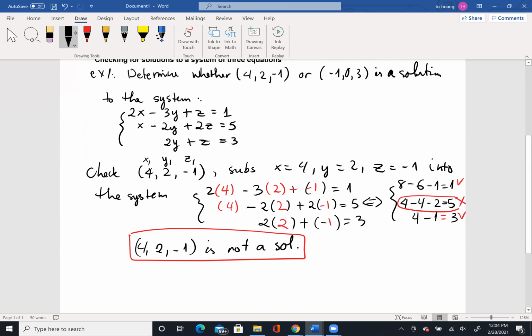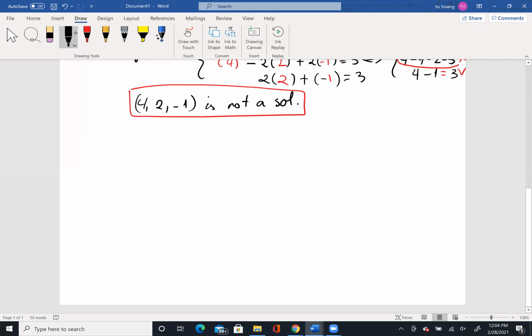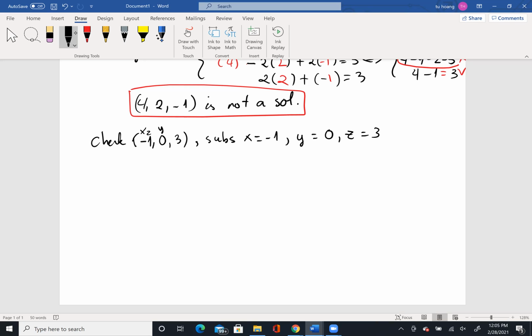Okay, now let's check another one. I will check (-1, 0, 3), right? So substitute x equal to -1, y equal to 0, z equal to 3. So I put x2, y2, and z2 here, so people can remember it. Let me put it here so we have more space.